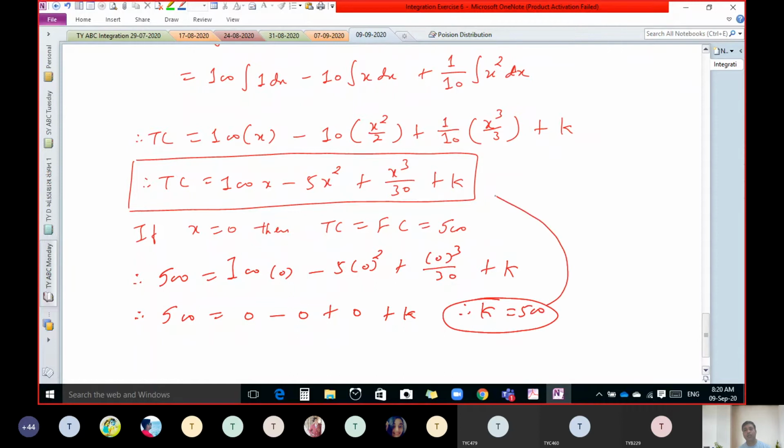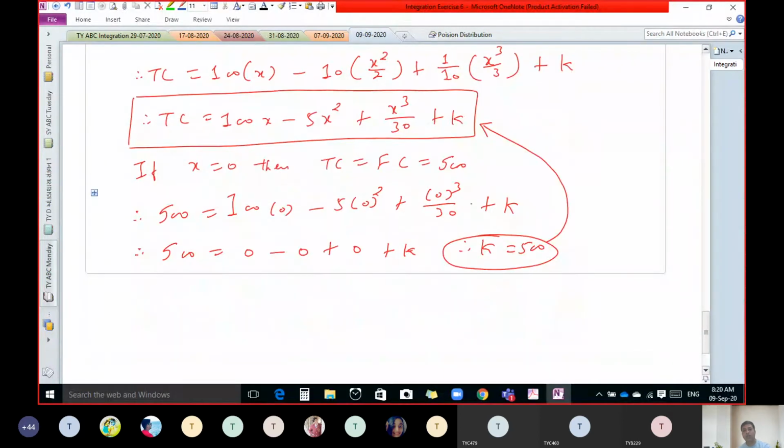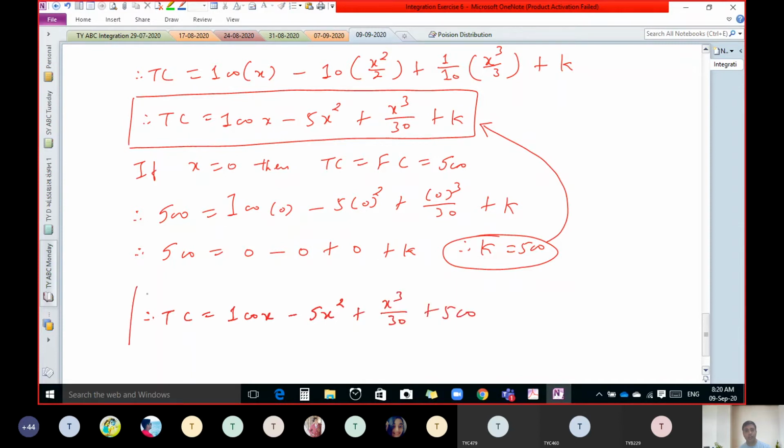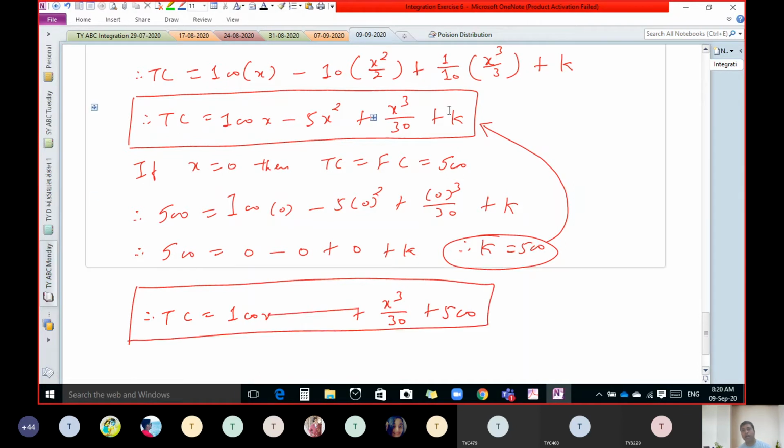This 500 you have to put here, and that becomes your total cost. So our total cost equal to 100x minus 5x square plus x cube upon 30 plus 500. This is the answer for total cost. You cannot put direct k equal to 500 here, considering that as a fixed cost.